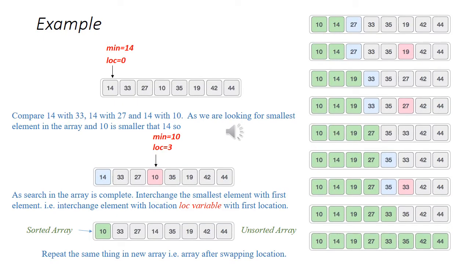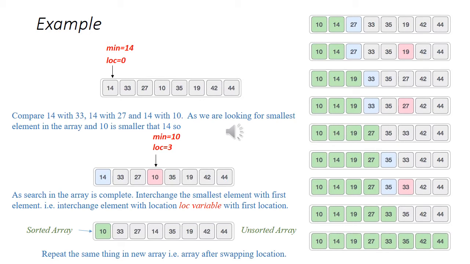So in this example, we have an unsorted array of 8 elements. The elements are 14, 33, 27, 10, 35, 19, 42 and 44. Now let's recall the first step.